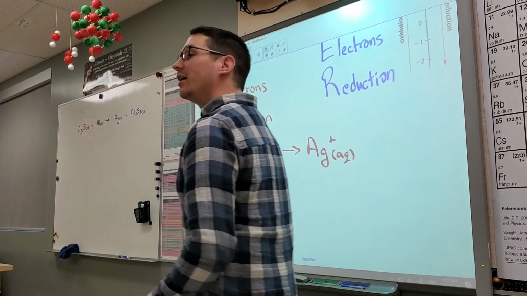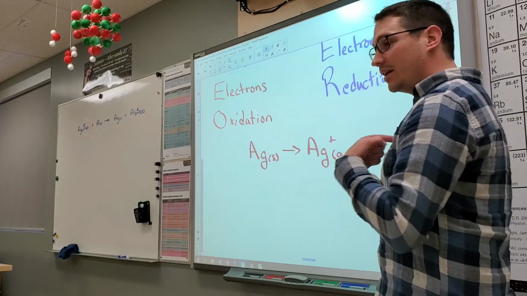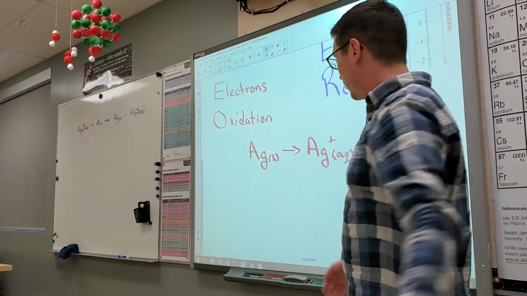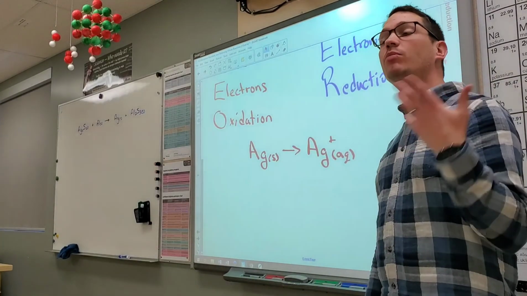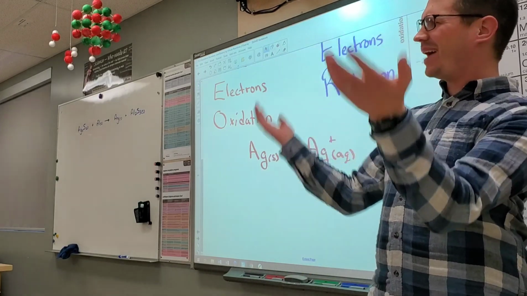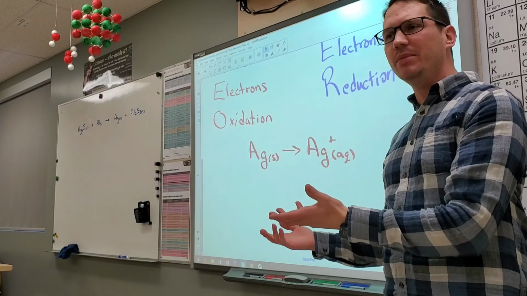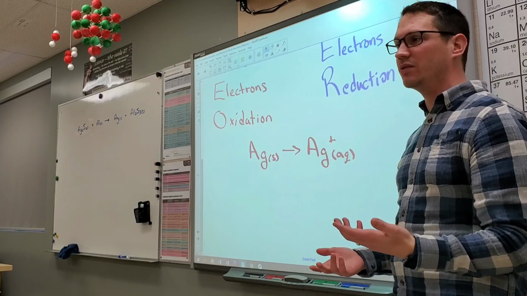Electrons are what? Negative, right? So if we gained a negative, we would become more negative. Did it become more negative? No, it became more positive. Now you can't gain or lose protons. A compound can, but an actual element can't gain or lose protons, at least not outside of a nuclear reaction.